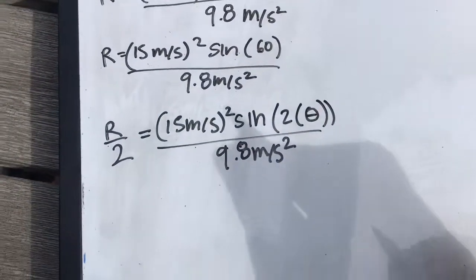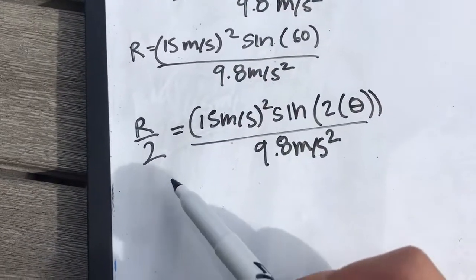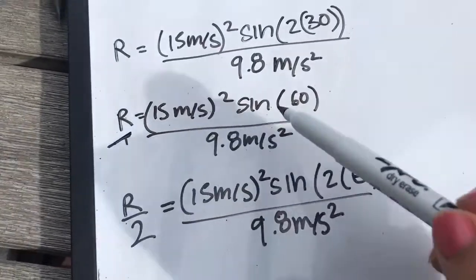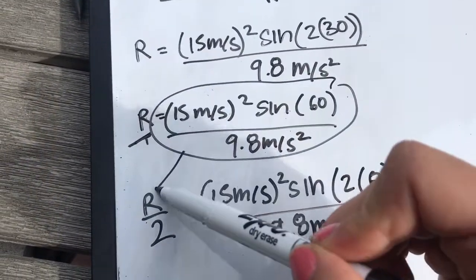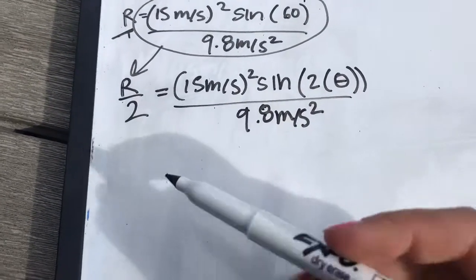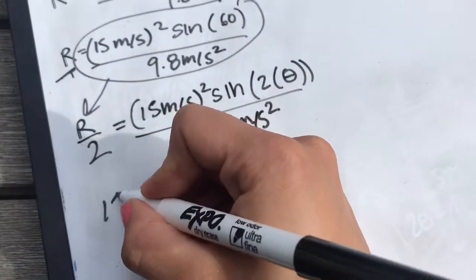And acceleration due to gravity is obviously the same. So now, since we have solved for R here, we can just take this and plug it into R and then solve for theta. We're going to have a big equation, lots of things are going to cancel out, you'll see.